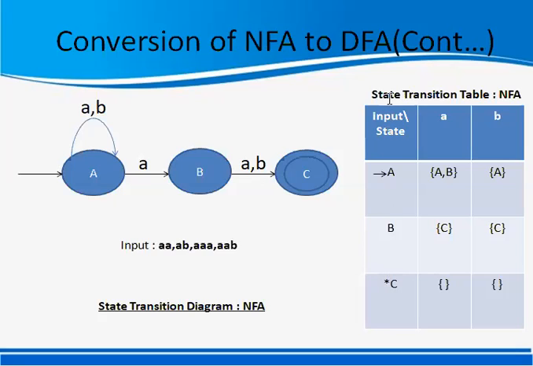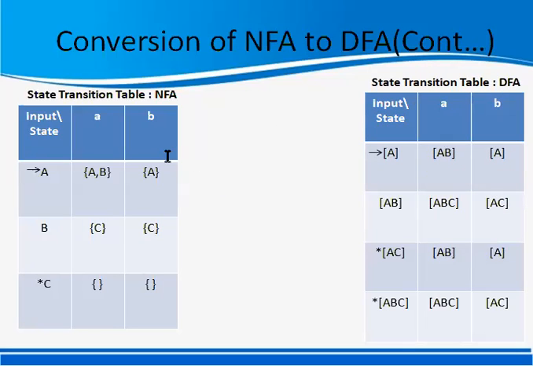Now with the help of this state transition table of NFA, we will construct the state transition table for DFA, and with the help of the state transition table for DFA, we will construct the DFA. So first, we will use this state transition table for NFA to construct the state transition table for DFA.